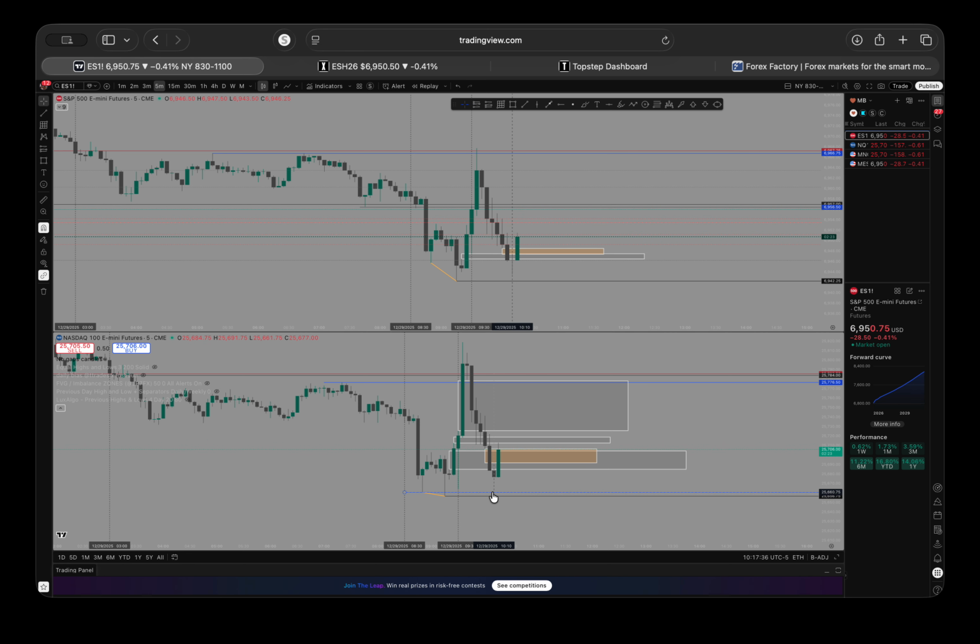Just got awfully close to this London low here. That's crazy.